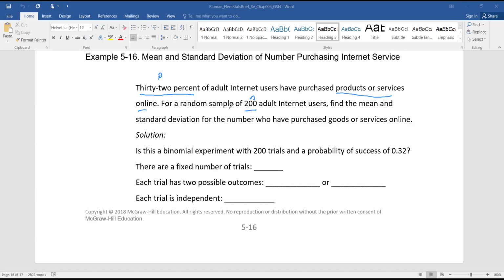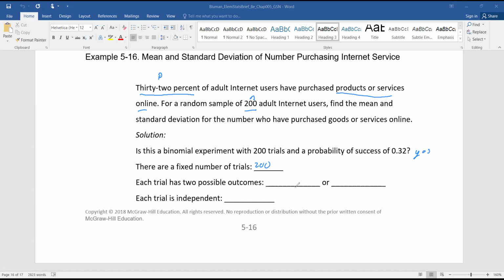All right. So is this a binomial experiment with 200 trials and a probability of success of 0.32? The answer is yes. They either did purchase it or they did not. So, done. There are a fixed number of trials. There's 200 people in this trial. Each trial has two outcomes. This is true.